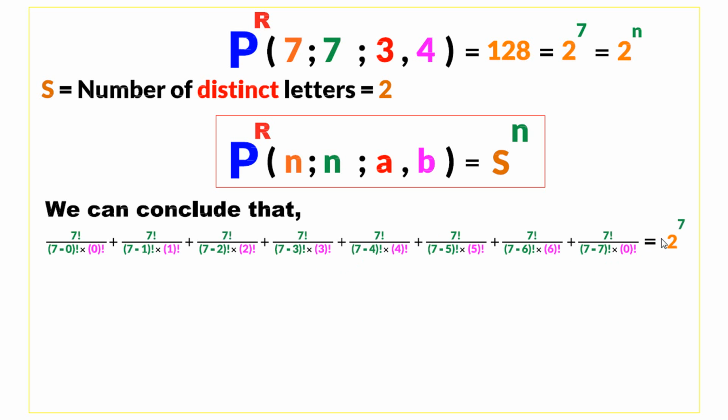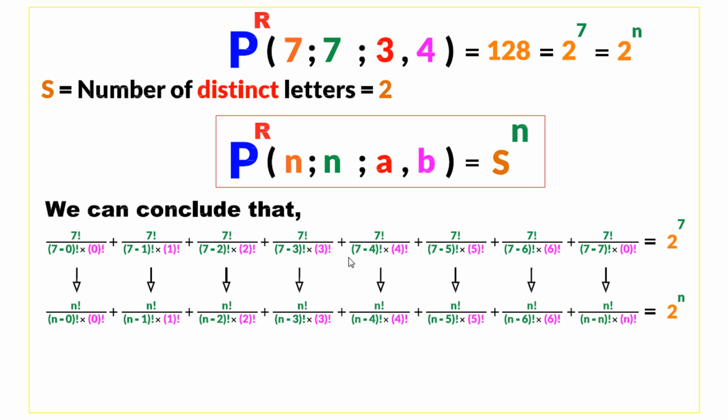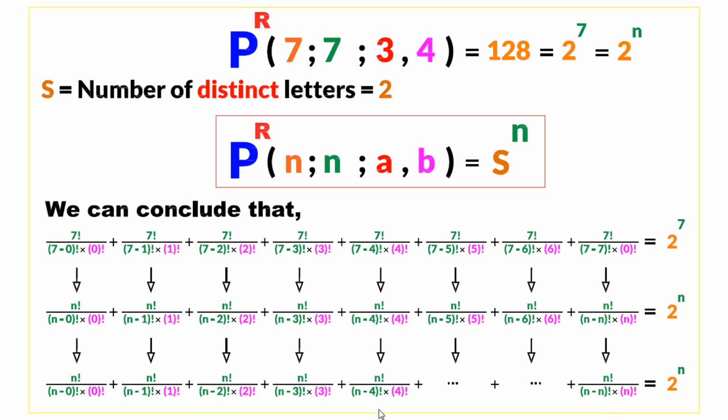And we notice that we can write 2 to the power of 7 using this series here, and we can replace 7 with n, and we can get this general formula here. This is not our subject here, but we can just mention it.